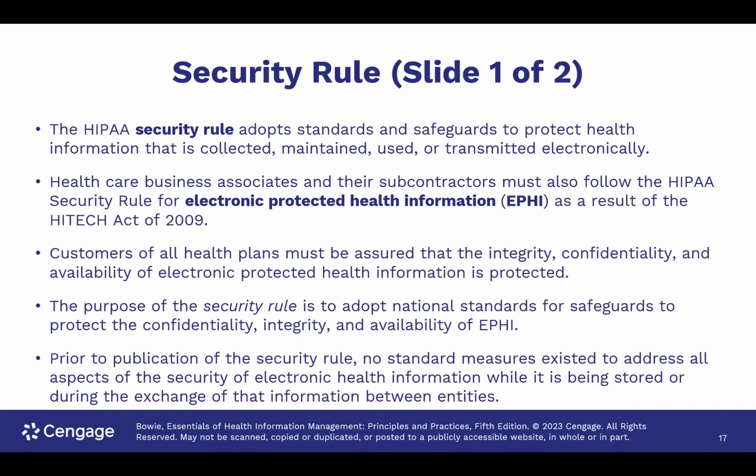Customers of all health plans must be assured that the integrity, confidentiality, and availability of electronic protected health information is protected. The purpose of the security rule is to adopt national standards for safeguards to protect this.